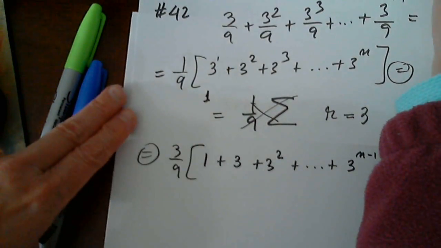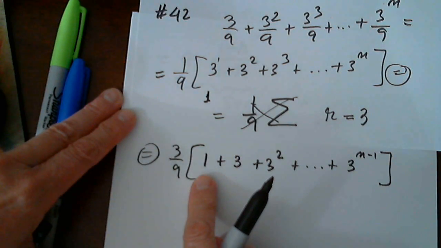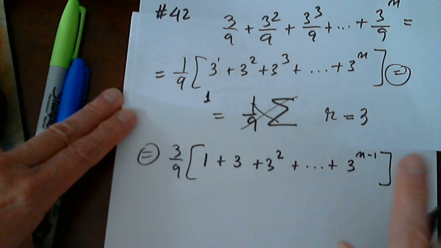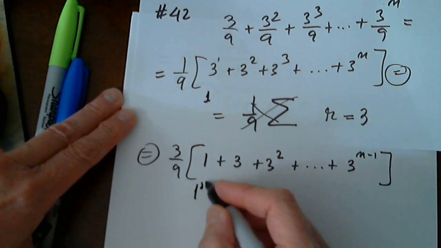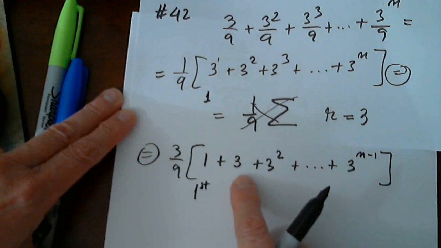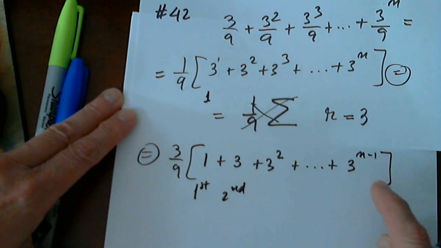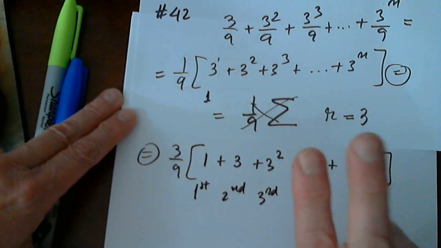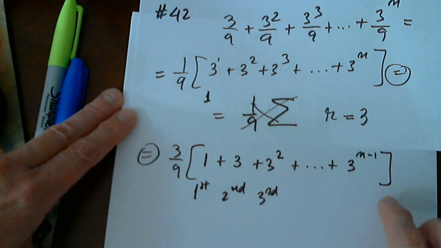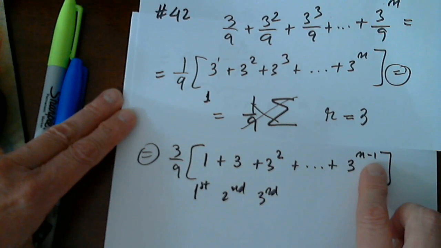Therefore, the first term has the common ratio to the 0 power. This is the first with power 0, this is the second with power 1, this is the third with power 2, and this is the nth, with power n minus 1.